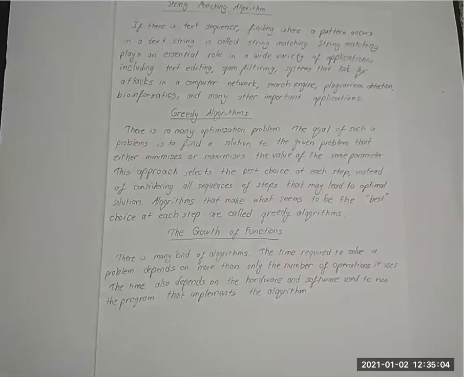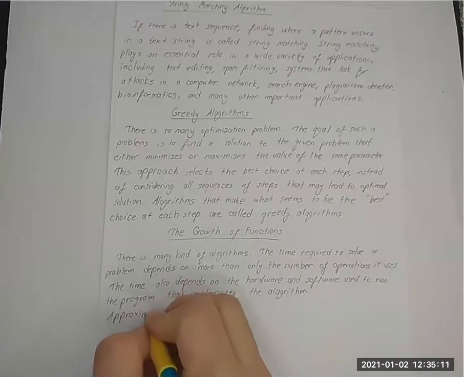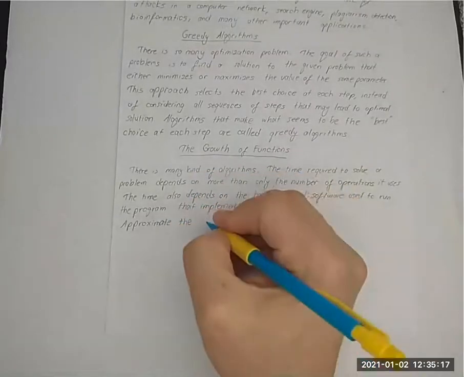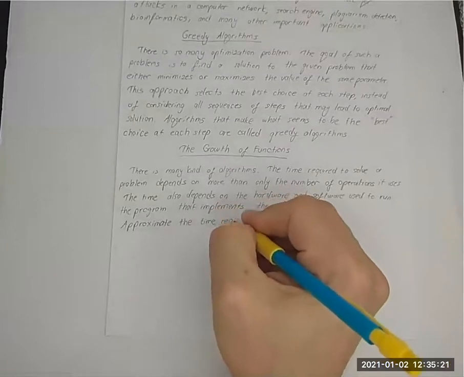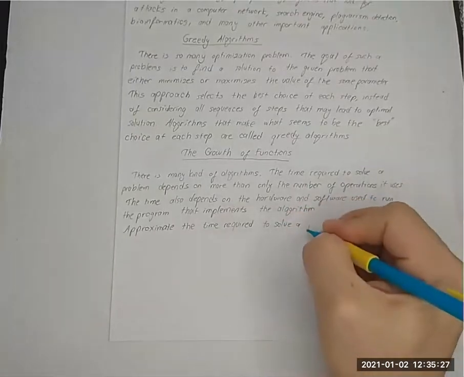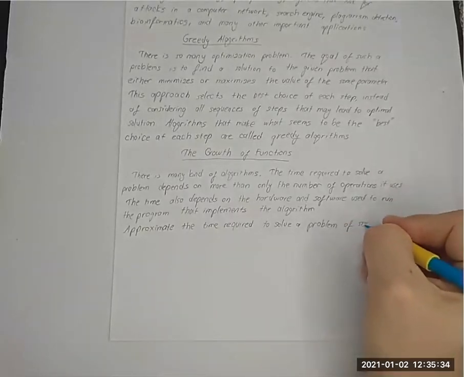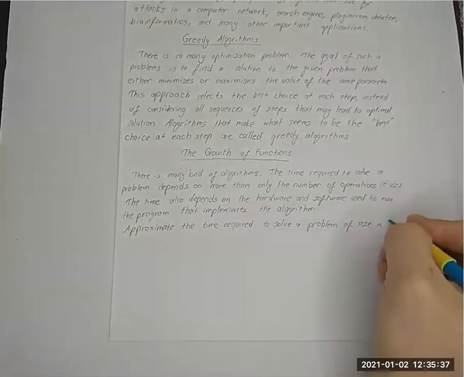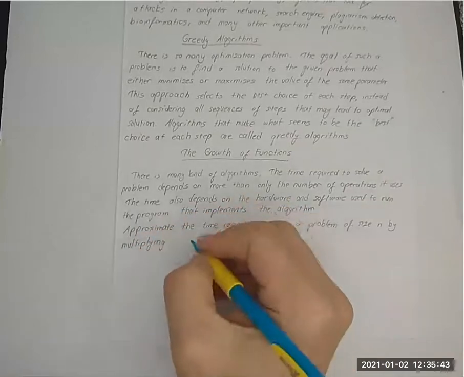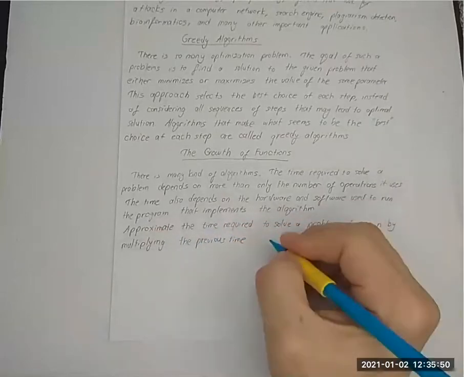So approximate the time required to solve a problem of size n by multiplying the previous time required by a constant.